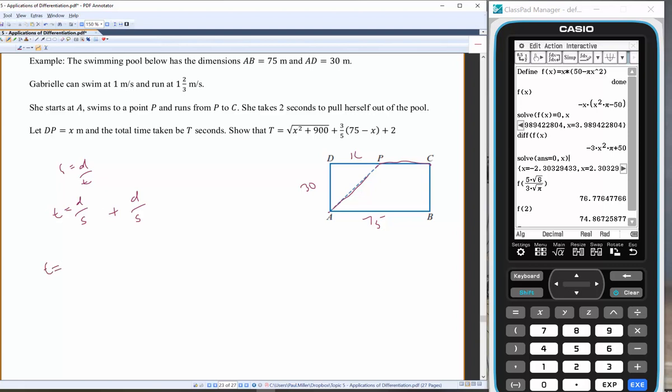So the time for this leg here, I want to work out the distance AP. This is just Pythagoras' theorem, we need the hypotenuse, so we add the squares of the shorter sides together, so it's going to be root of 900 plus x squared. So that's a good sign.